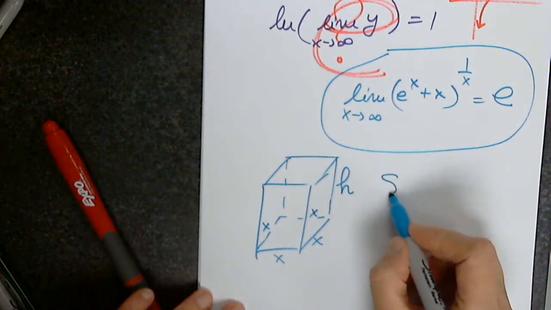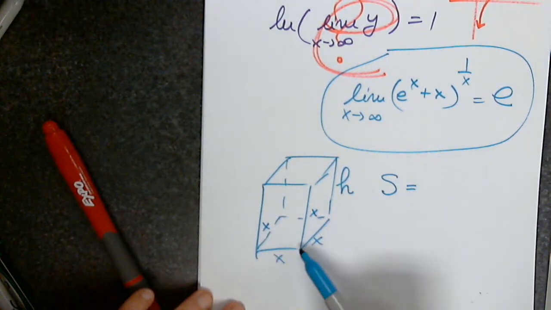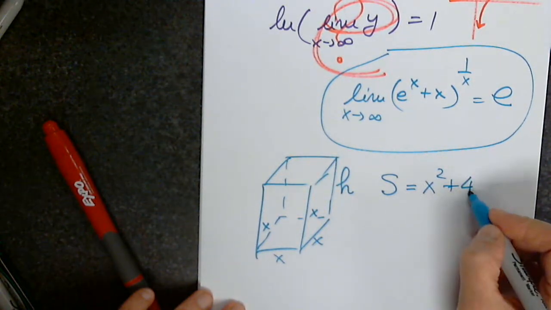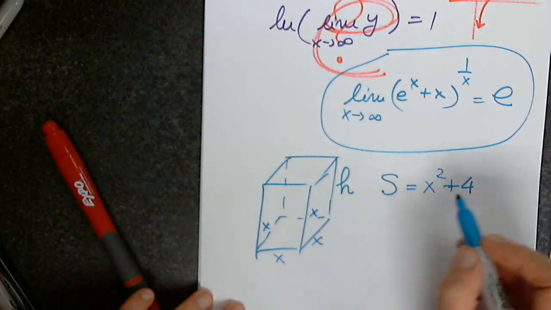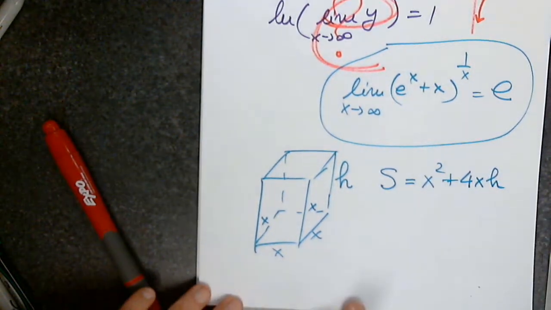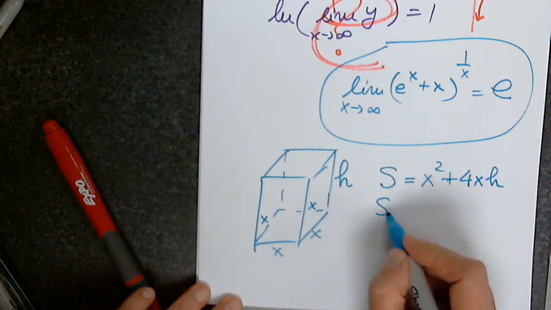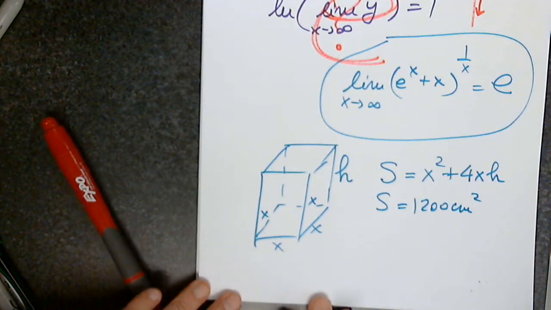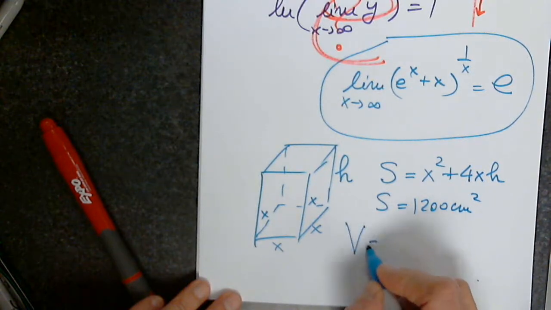So the surface area of this box is the area of the base, which is x squared, plus 4 sides, 4 base times height. And this is given to us as 1200 centimeters squared. We're asked to find the maximum volume.